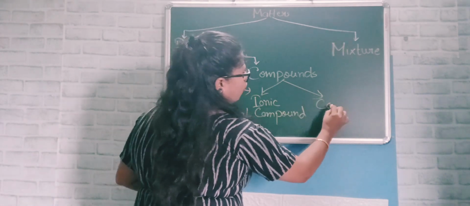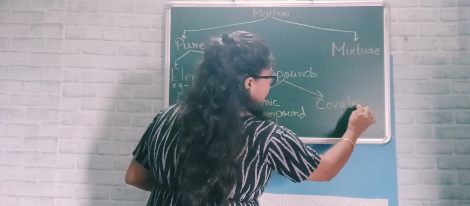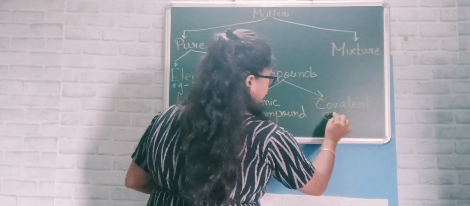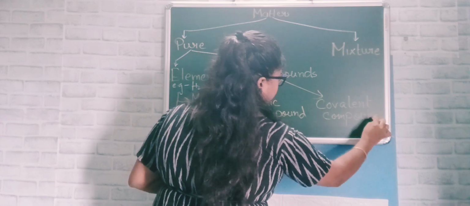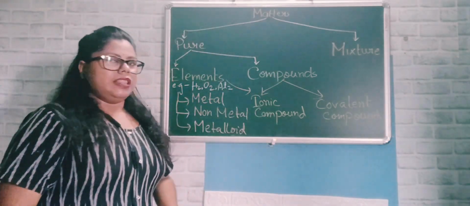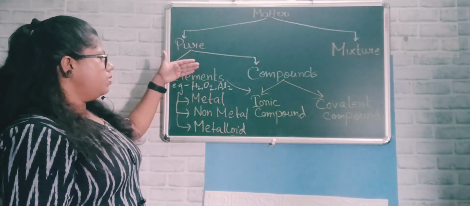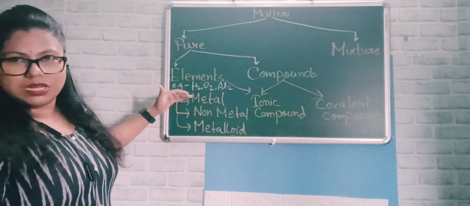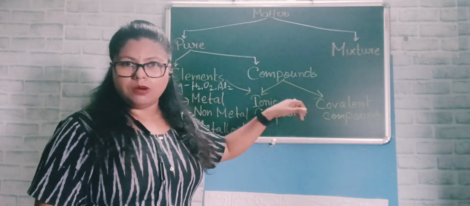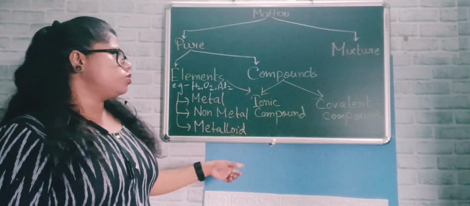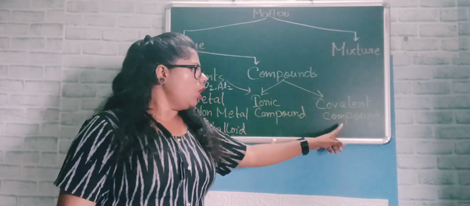It can be an ionic compound or a covalent compound. Like we have seen that elements are further divided into metal, non-metal and metalloid, similarly compounds can be ionic or covalent.